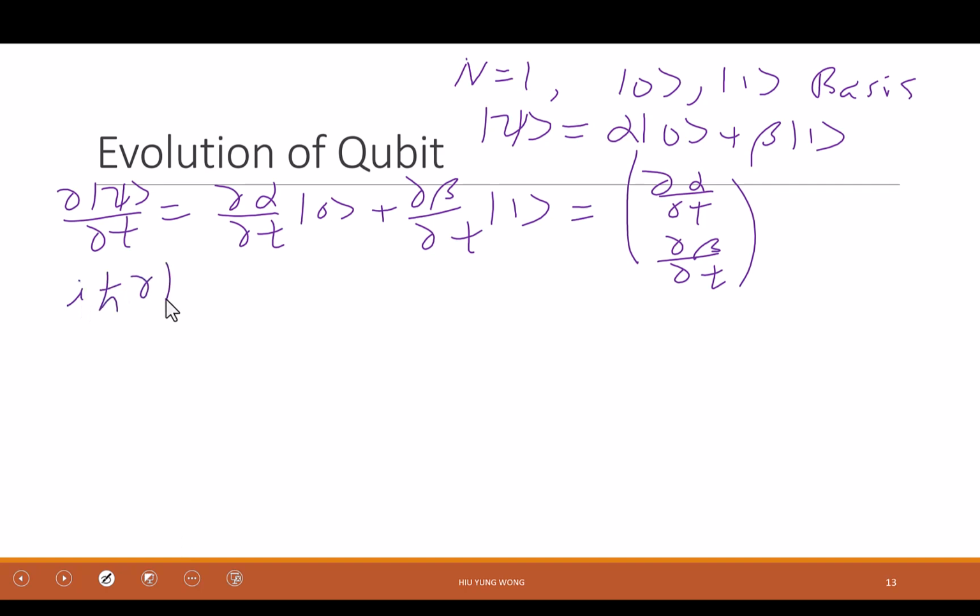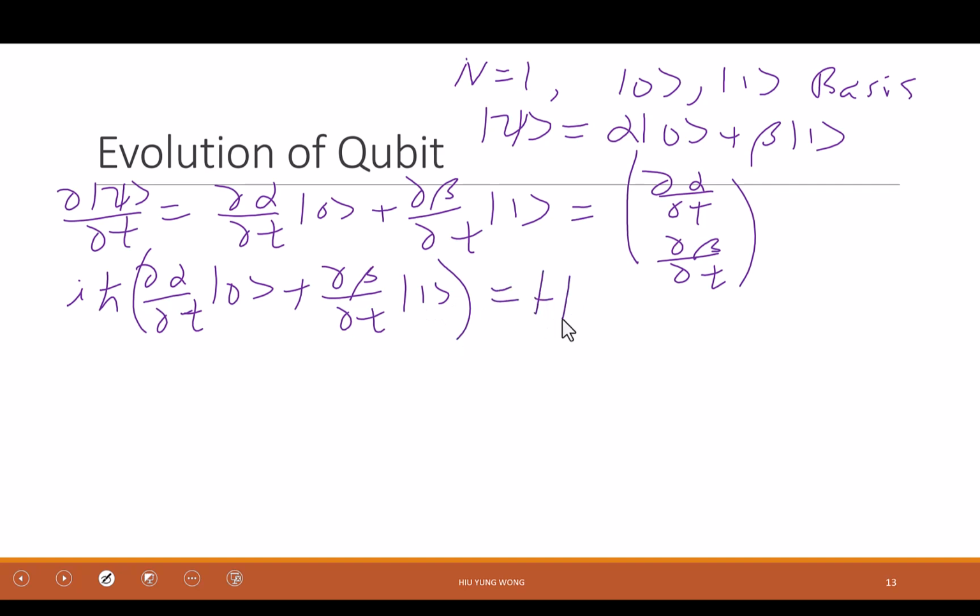Let me write the Schrodinger equation: i partial psi, which is partial alpha partial t 0 plus partial beta partial t 1, equals h times alpha 0 plus beta 1.